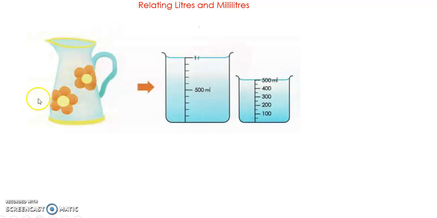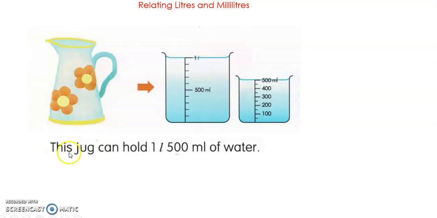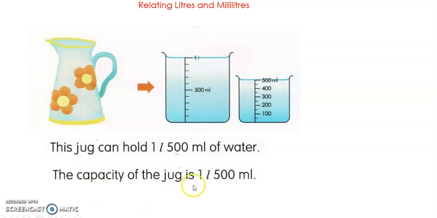Okay, now I have this jug and I pour the water inside the jug into these beakers. So the jug can hold 1 liter, 500 milliliters of water. So the capacity of the jug is 1 liter, 500 milliliters. How did I know that? This is because this beaker is full of water and the scale on this container indicates 1 liter. Here, as you see, it's 1 liter.